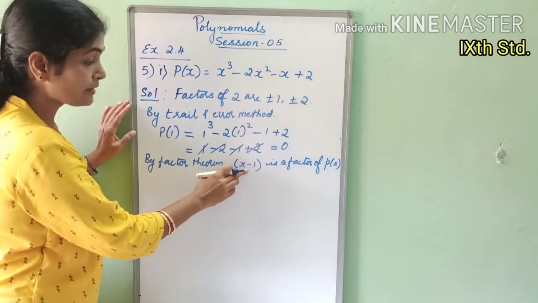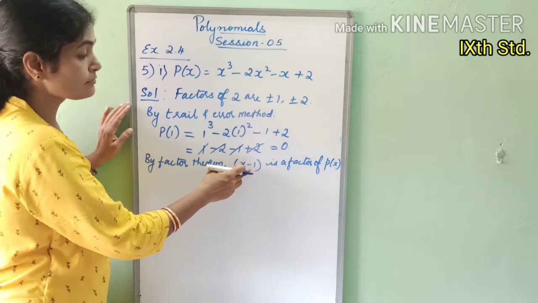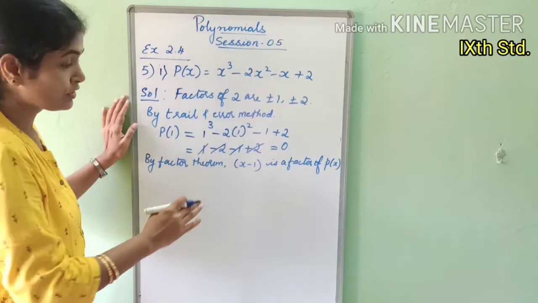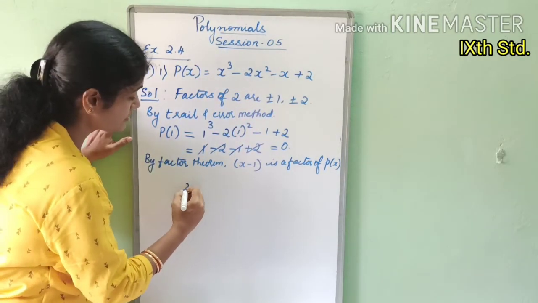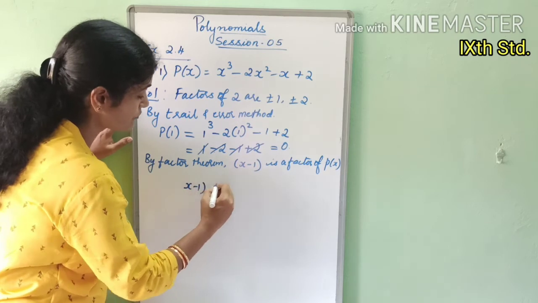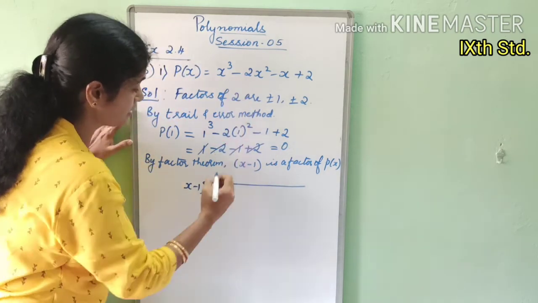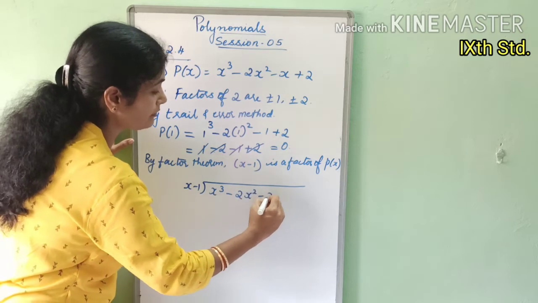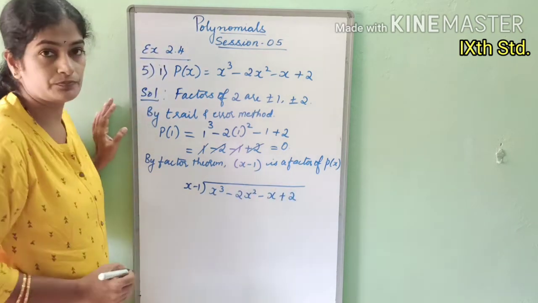Okay. So x minus 1 is a factor means x minus 1 will divide this entire polynomial completely. So we will do the long division. So x minus 1 will be dividing this x cube minus 2x square minus x plus 2.